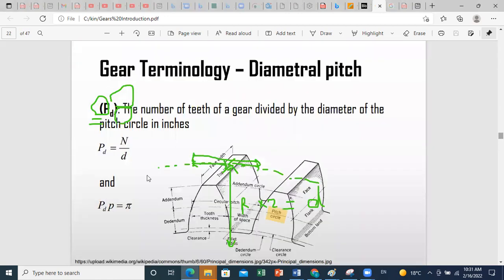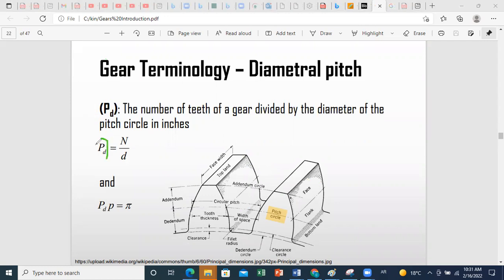Now for the diametral pitch, PD will be related to the number of teeth you have and the diameter of your pitch circle. Sometimes to characterize gears, they give you the value of PD and N, and from here you can calculate D. The diametral pitch is the number of teeth over the diameter of your pitch circle.